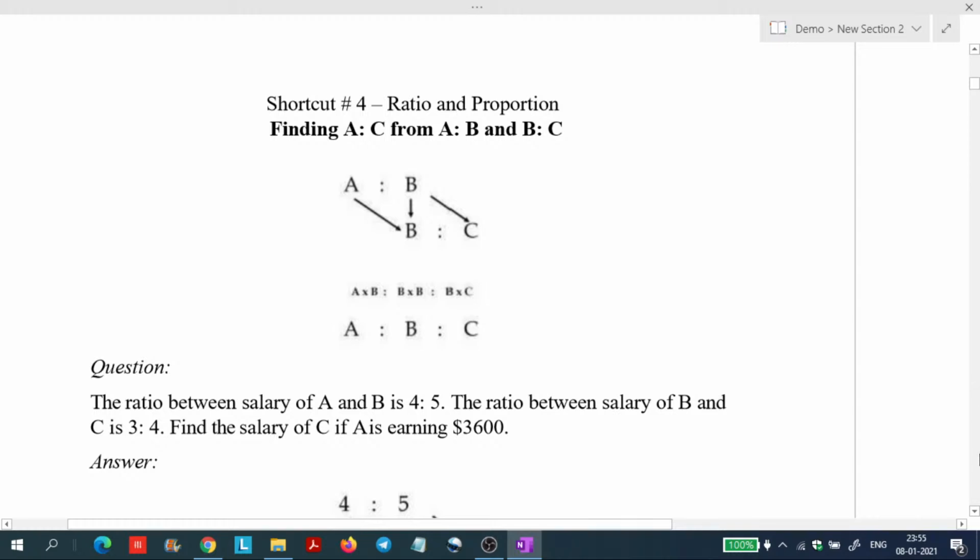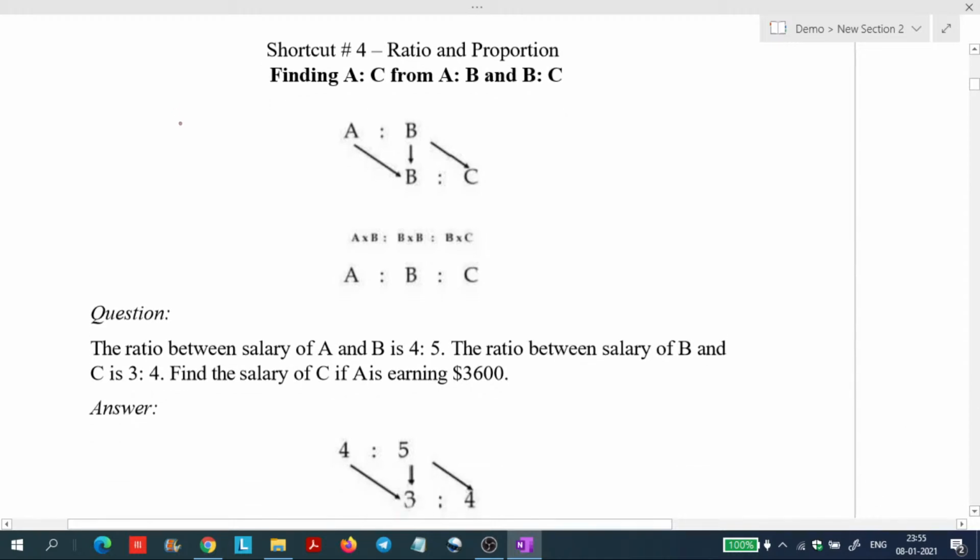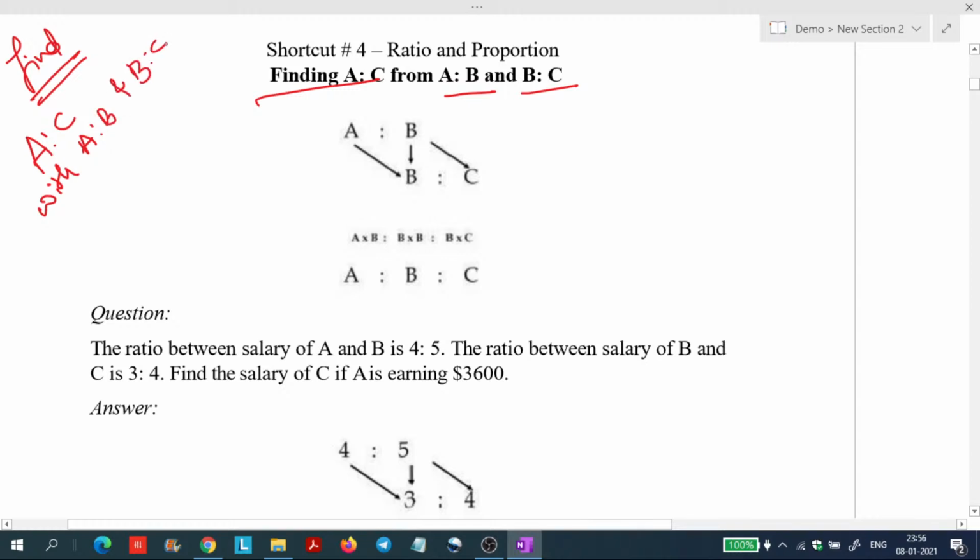So next, one more concept in the ratio proportion. The fourth trick is finding the A is to C from the given A is to B and B is to C. So we need to find the A is to C, meaning the A value and C value with the given A is to B and B is to C. So what is the formula?